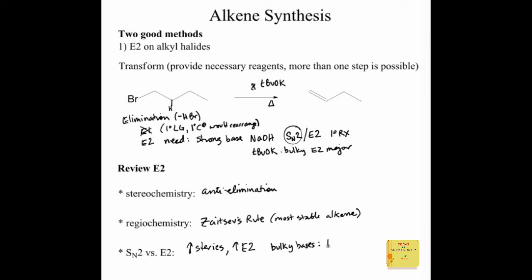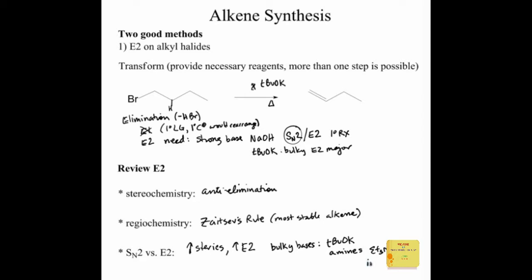Okay, and of course t-butoxide is the one we're most familiar with. But there's some other ones you can use as well. There's some nice amine bases. Amines have nitrogen in them, and they usually have some groups attached to that nitrogen. So for example, triethylamine, a nitrogen with three ethyl groups attached to it, kind of like the tert-butyl group, very big and bulky, so that's very good for doing eliminations.